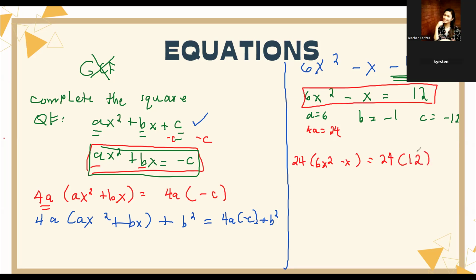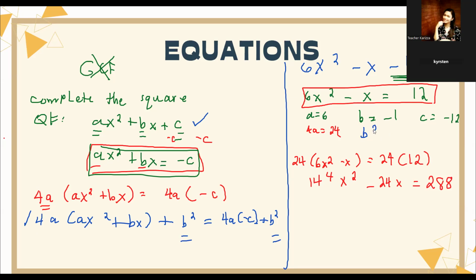Let me just grab my calculator. And then let's multiply by 24. You will have 144x squared minus 24x is equal to 24 times 12 is equal to 288. And then for our next step, the blue step, is to add b squared to both sides.